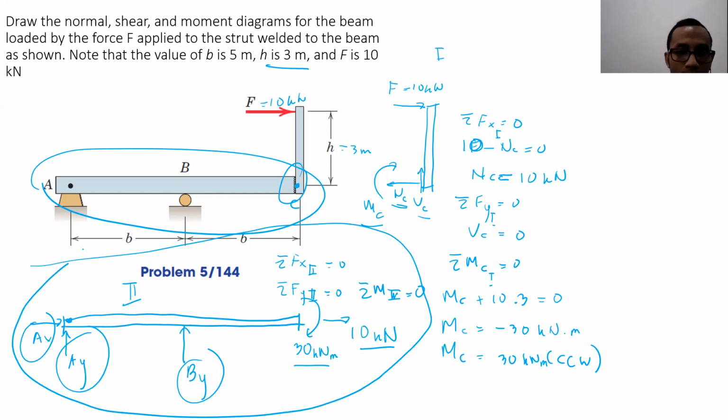After you solve for this, you will be able to get Ax, Ay, and By. And after that, you can solve for the distributed normal force, distributed shear force, and distributed moment. So solve for Ax, Ay, By first, then you can solve for the distributed force, moment, then shear force, normal force, and moment. Like that.